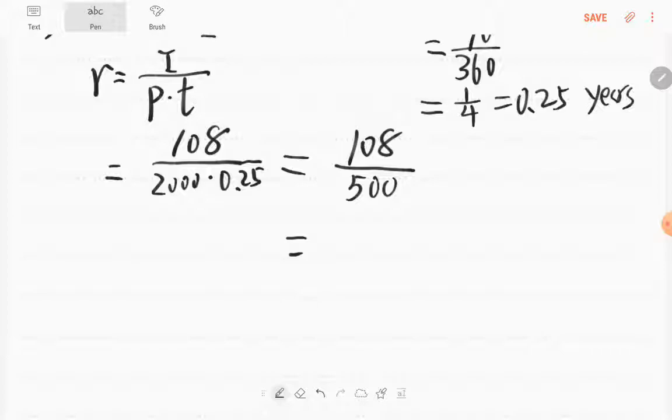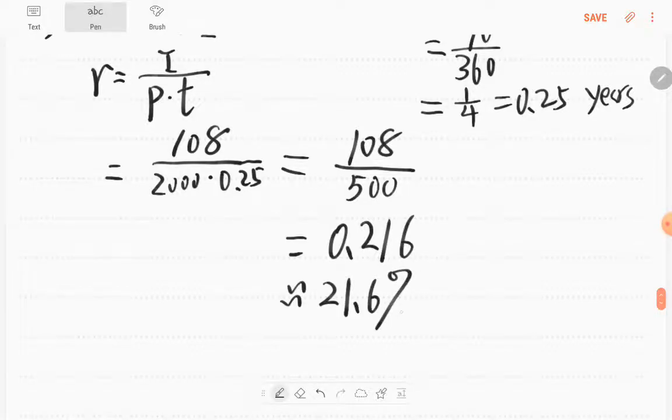So this would be 0.216. So the interest rate is about 21.6%.